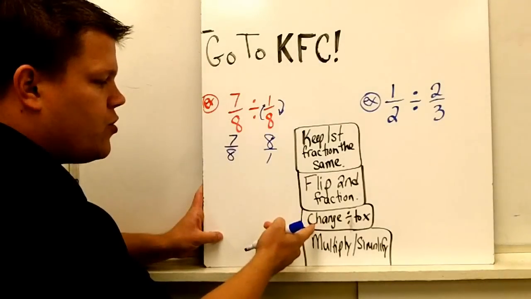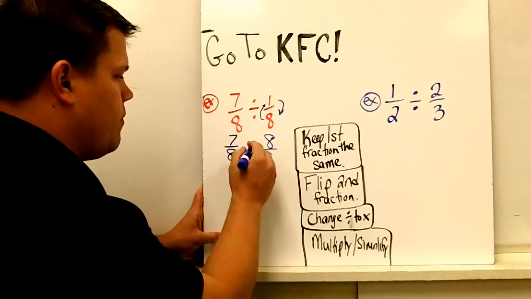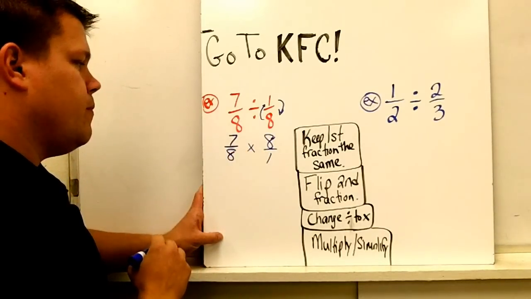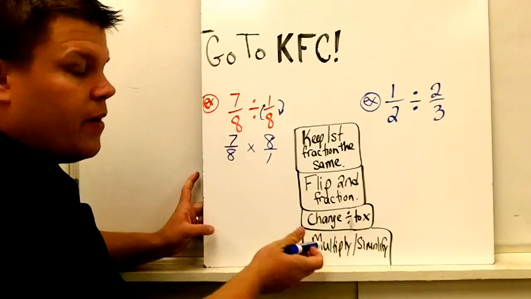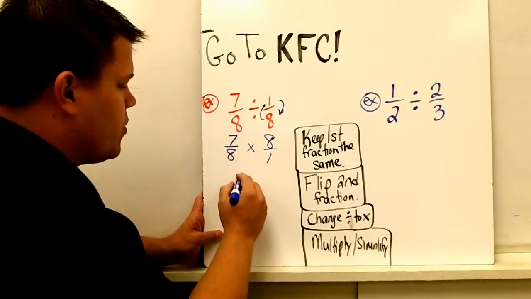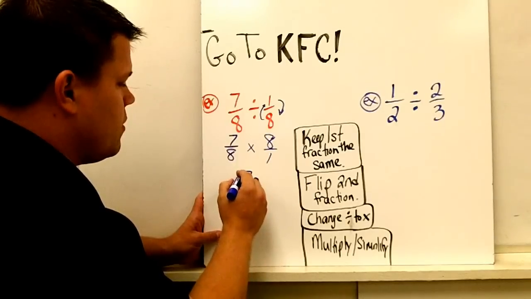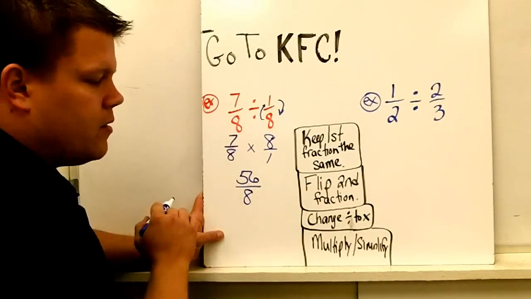And I'm going to change the division sign to a multiplication sign. From there, I'm just going to multiply and simplify. I'm going to multiply 7 times 8 in my numerators, and I'm going to come up with 56. And I'm going to multiply 8 times 1, which is 8.